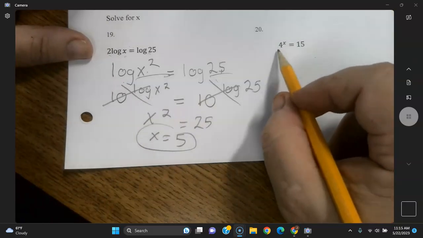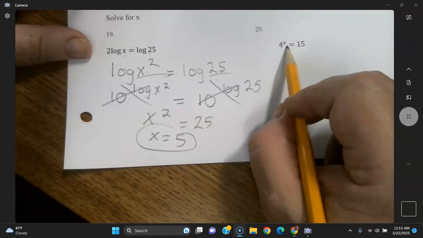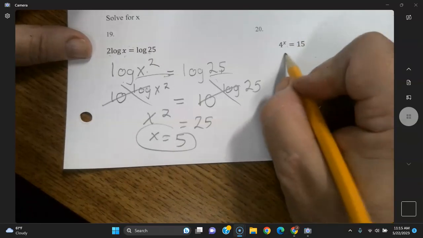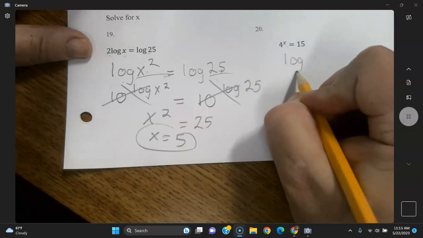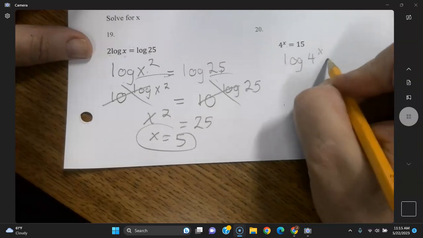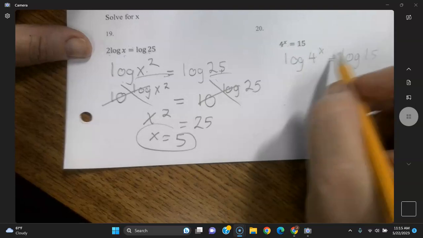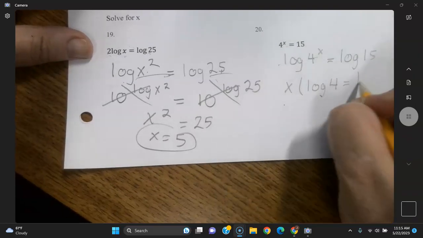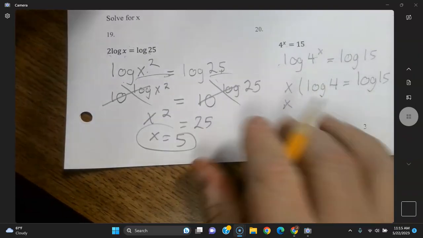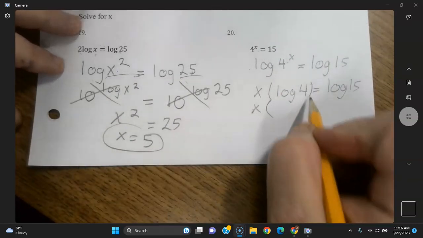Okay, finally, on this one, whenever you have an x up there, you inverse it. You can just go ahead and use the common log. So log of 4 to the x equals log of 15. We're using common log, base 10. The x comes out in front. We now go to the calculator and figure out what log of 4 is.